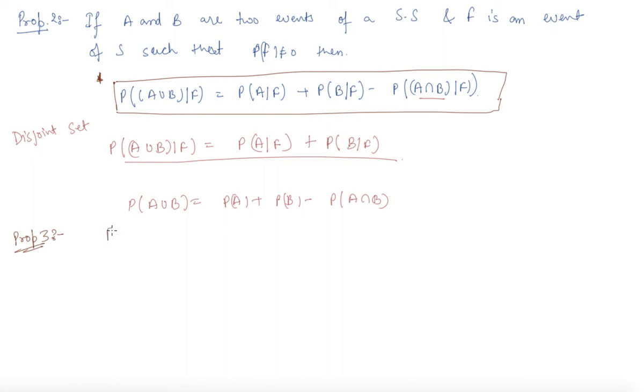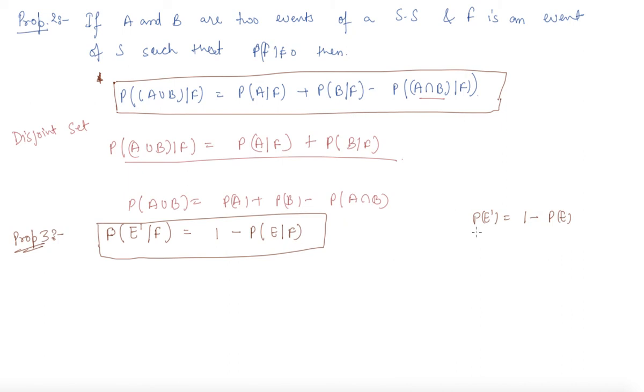It states that the probability of E dash given F, where E dash denotes the non-occurrence of E, is 1 minus probability of E given F. This is very easy to remember, because as you all know, the probability of non-occurrence of E is 1 minus the probability of occurrence of E.